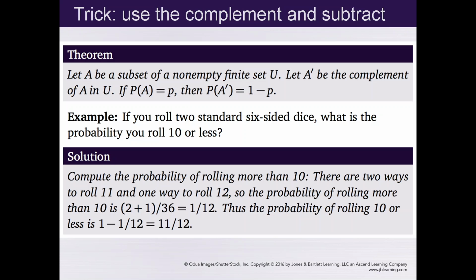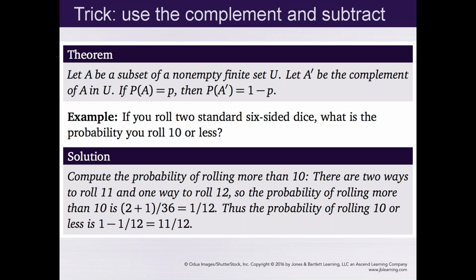Or it's much easier to just consider how many ways there are to roll an 11 or a 12, because there's only 2 cases now. There are 2 ways to roll an 11, which would be a 5, 6 or a 6, 5. And the only way you roll 12 is 6, 6. So there's 3 ways to roll 11 or 12, and the probability of rolling more than 10 is 3 over 36, or 1 over 12. So for 10 or less, you take away the 1 over 12, and you get 11 over 12.